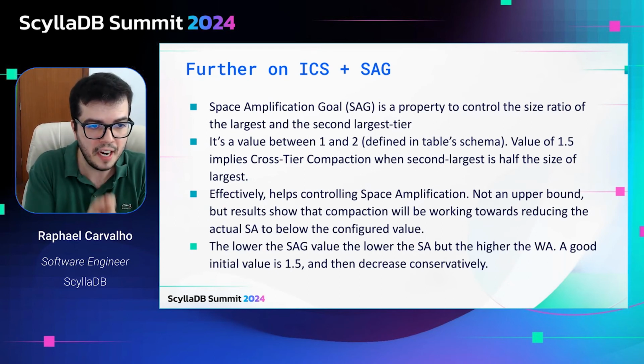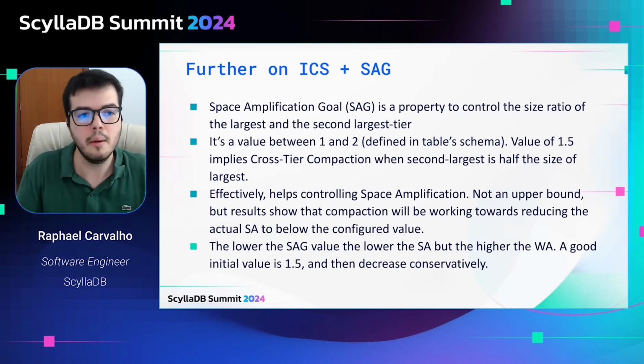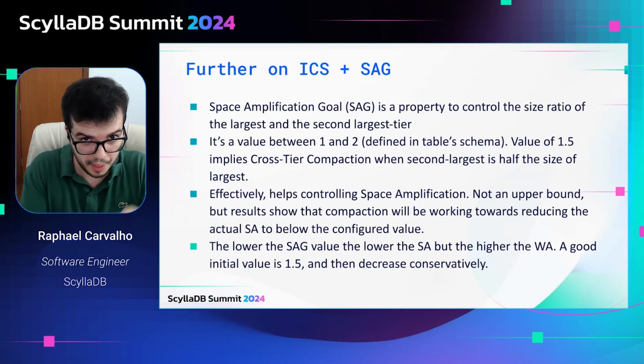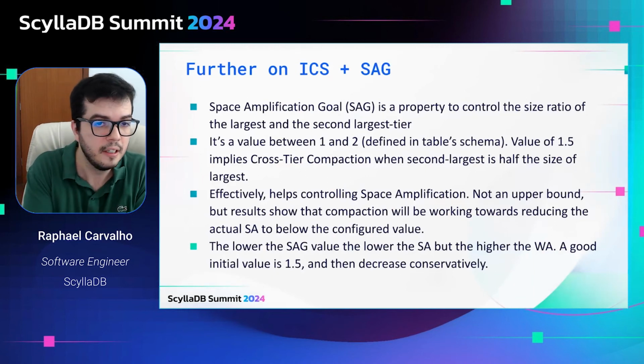So it effectively helps controlling the space amplification. It's not like an upper bound, it's actually a goal, but we are going to see in the example that it actually helps controlling the space amplification if you have enough write bandwidth.